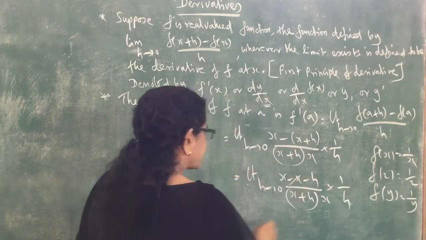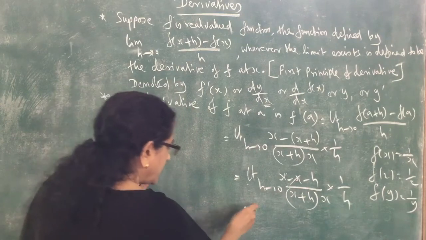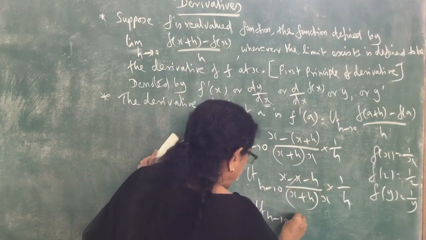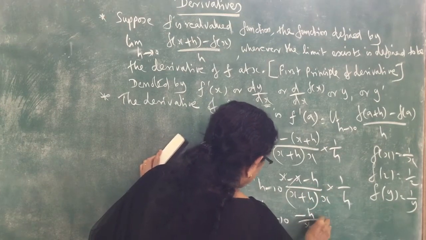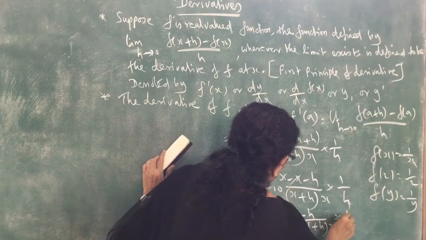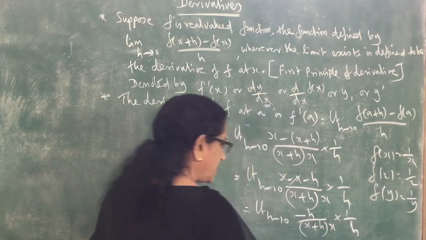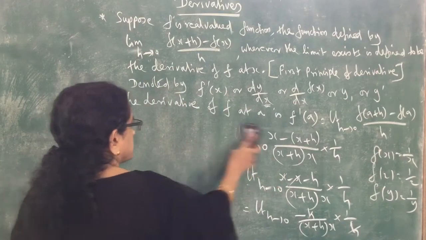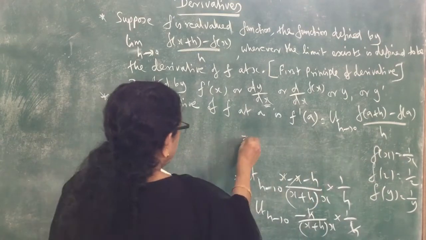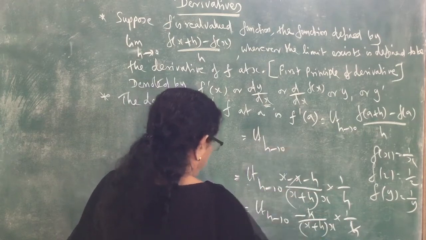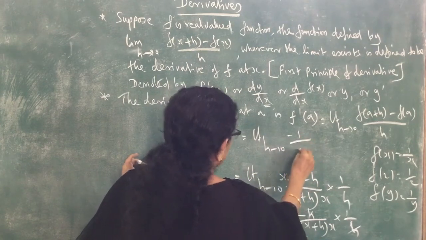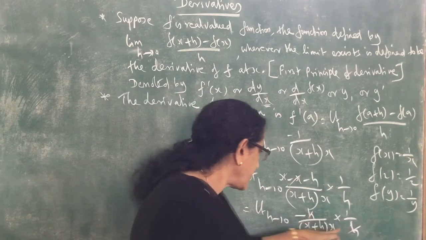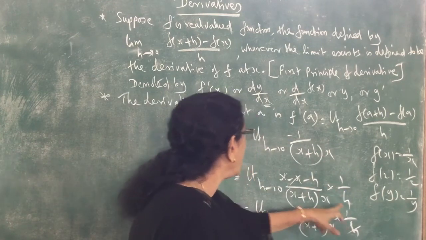So x minus x cancelled. So we get here limit h tends to 0, minus h by x plus h into x, into 1 by h. So that h can be cancelled and we get limit h tends to 0, minus 1 by x plus h into x.